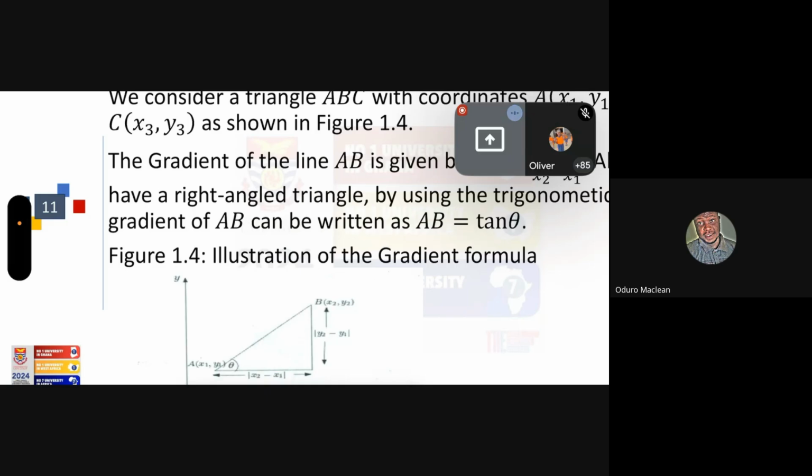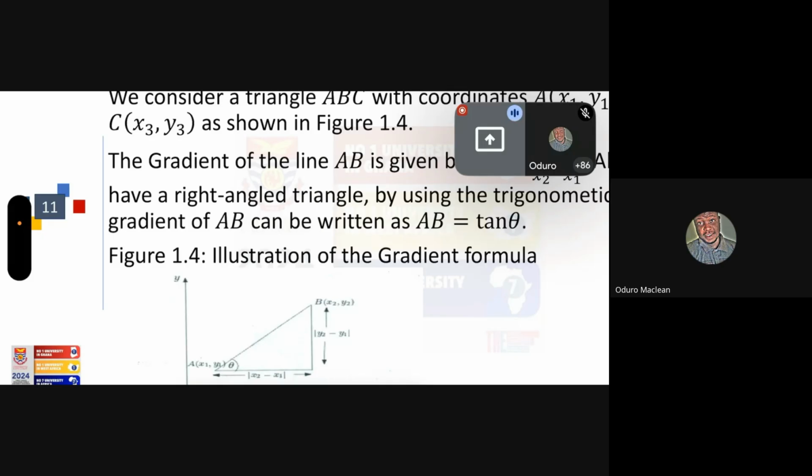The opposite has the coordinates y2 minus y1, and the adjacent has the coordinates x2 minus x1. And we know that is tan. Tan is opposite over adjacent. So to find the steepness, we can use the angle.